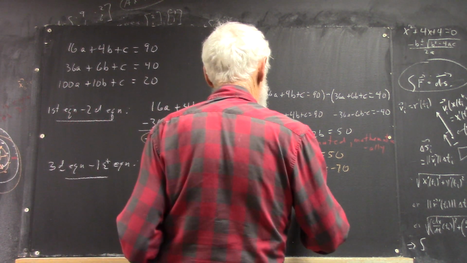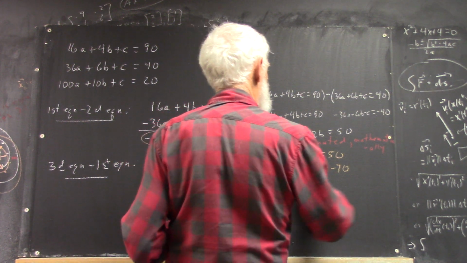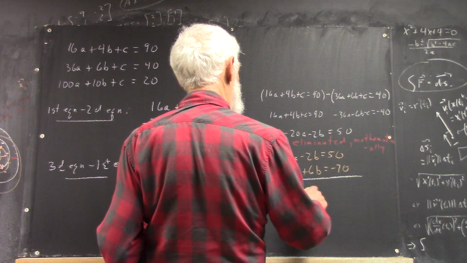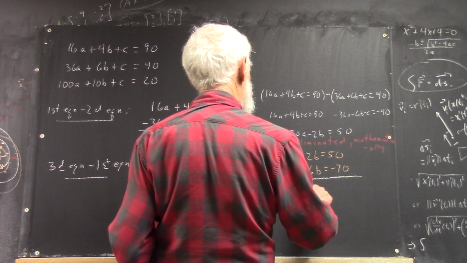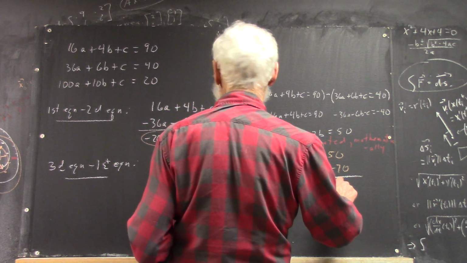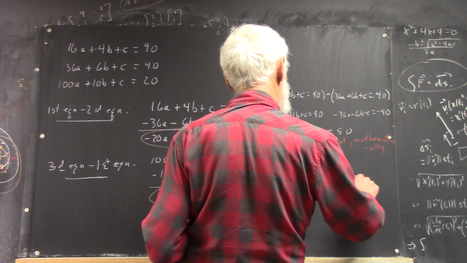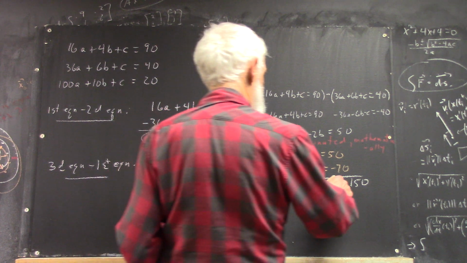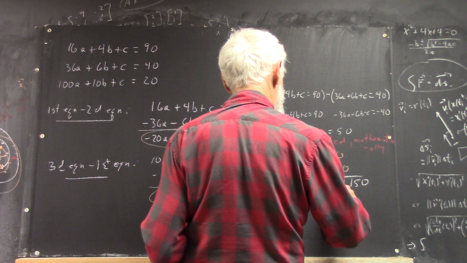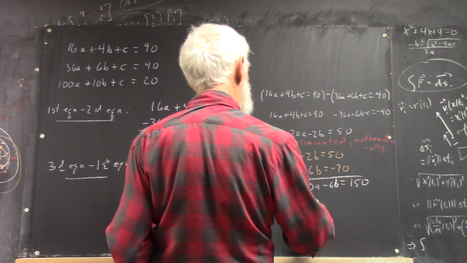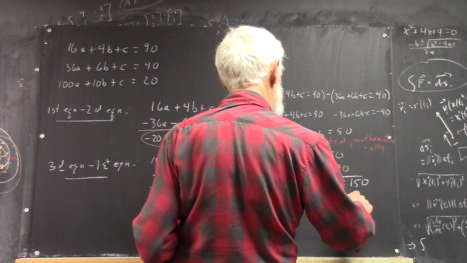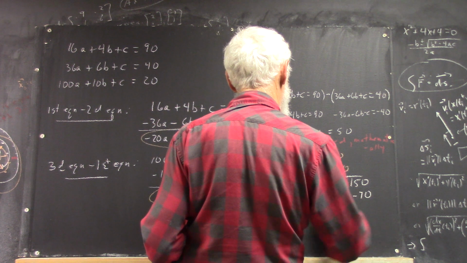So first times 3 gives me negative 60a minus 6b equals 150. The second equation remains as it is because, of course, it has the plus 6b, and that's what we're picking on.